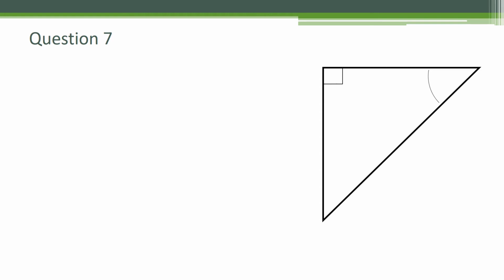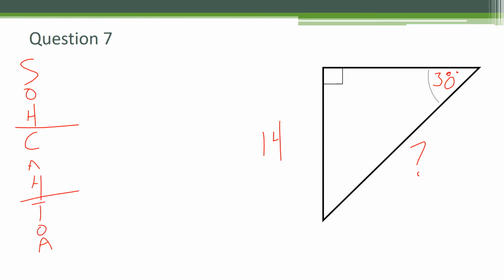Let's say that this is 38 degrees. Let's say this is 14, and I'm trying to find this one. Calculator's in degrees. I write down sohcahtoa. Which sides am I working with? I'm working with the opposite side and the hypotenuse.